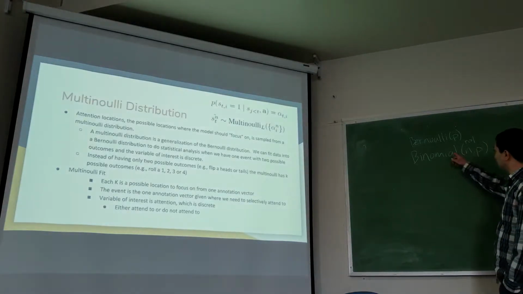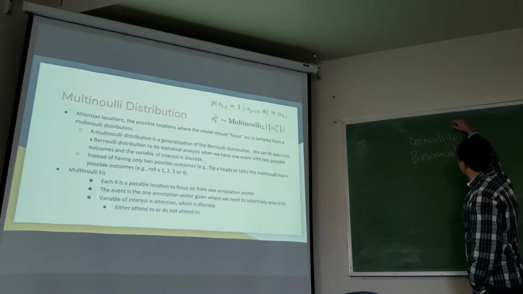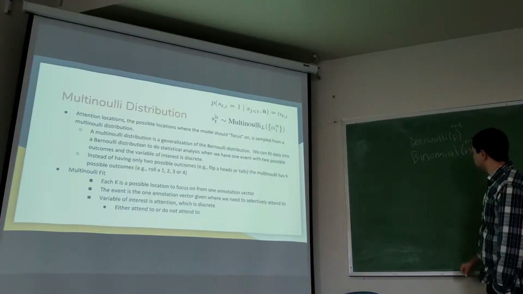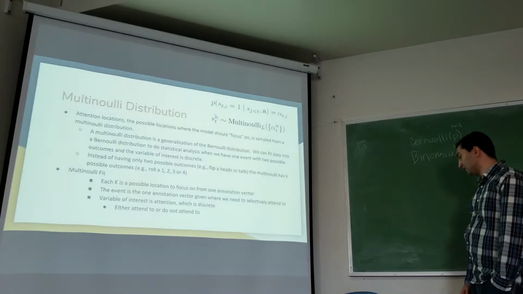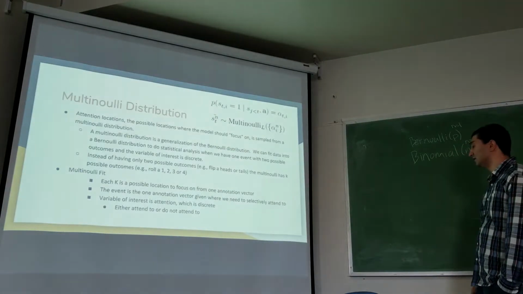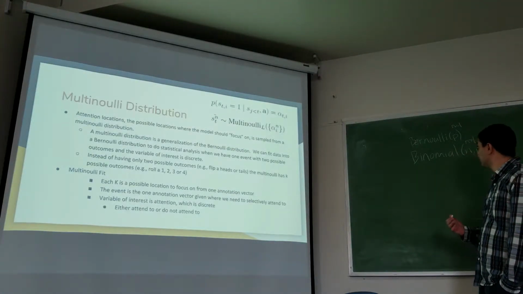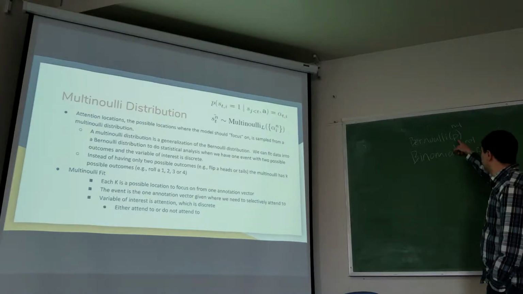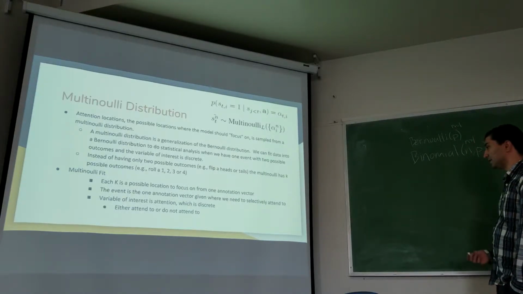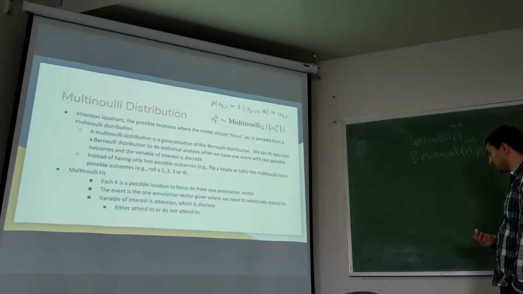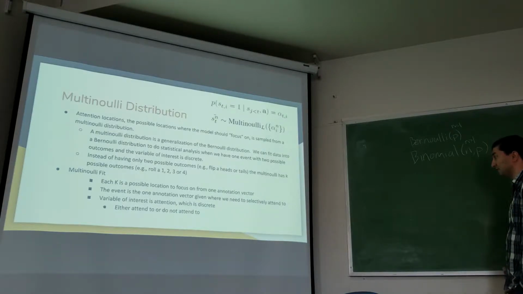Now in a Bernoulli, we only have n equal to 1, so the difference between the binomial and the Bernoulli is that we only have one trial of this probability event. So we only have one flip of the coin. And this is parameterized by p, the probability of each of the two distinct outcomes.